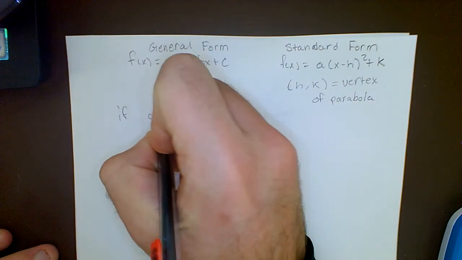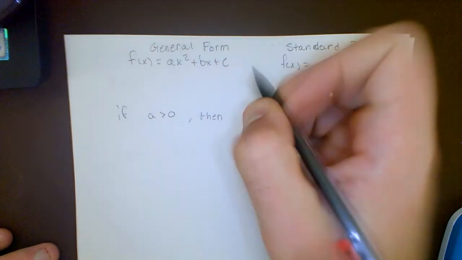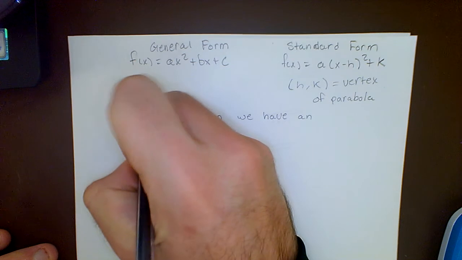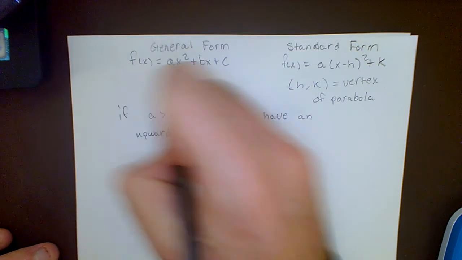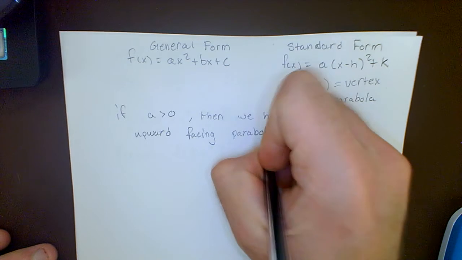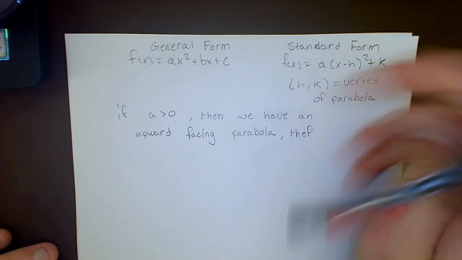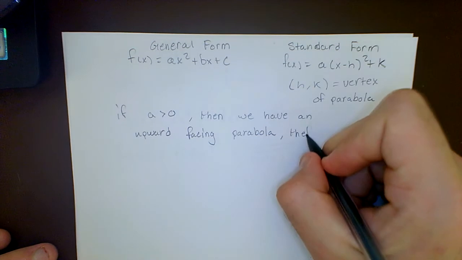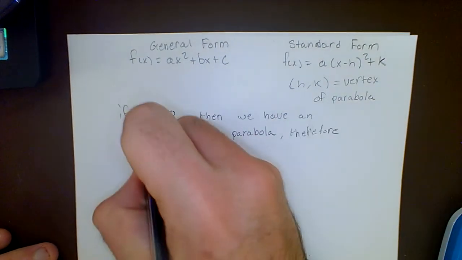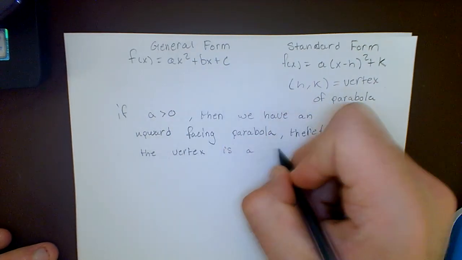If a is positive, then we have an upward facing parabola. Therefore, the vertex is a minimum.